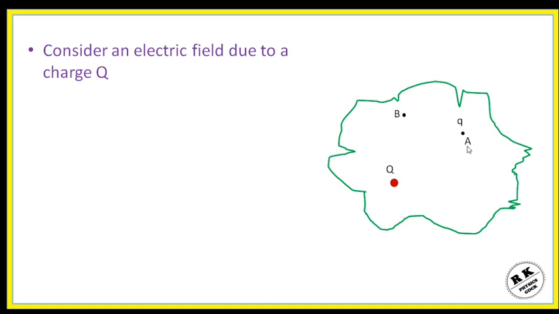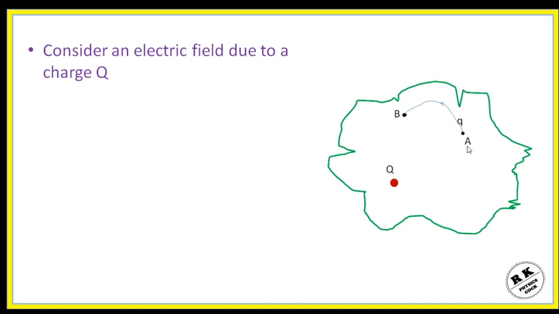If we move this test charge along some path as shown in the slide, here I have created a small animation. Have a look once again. The charge is moving along some path. Let us assume that this is path L1 and the work done is W1.